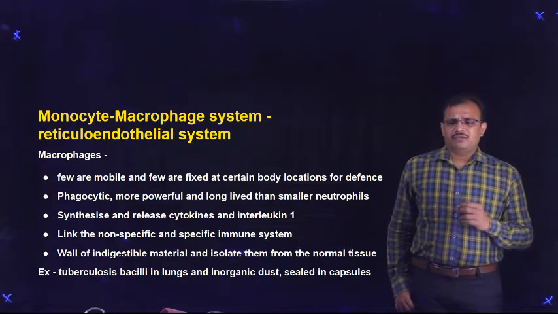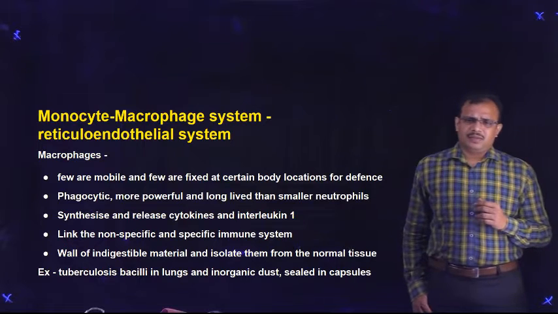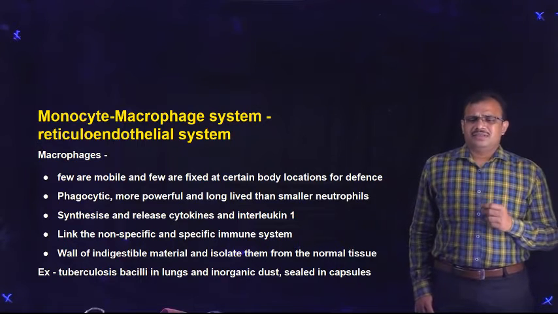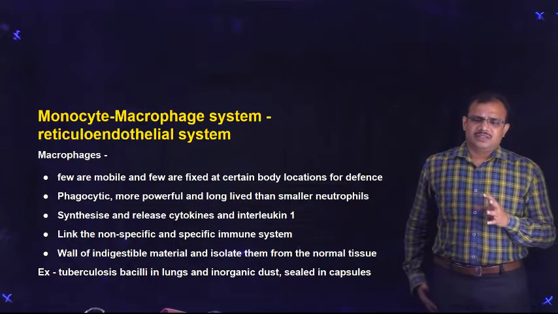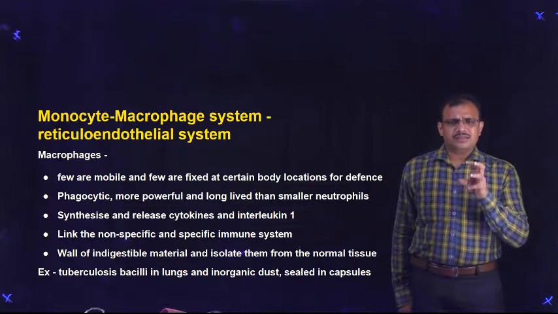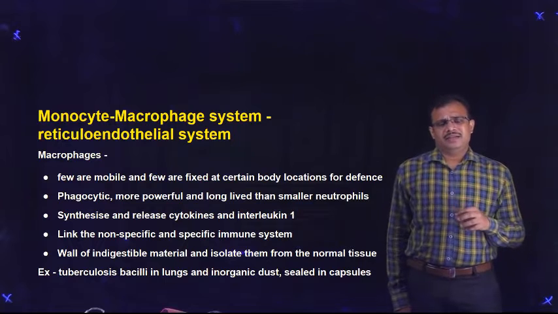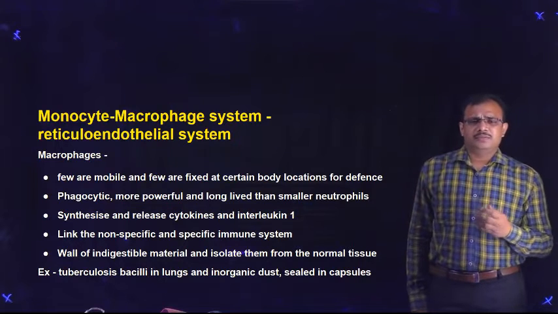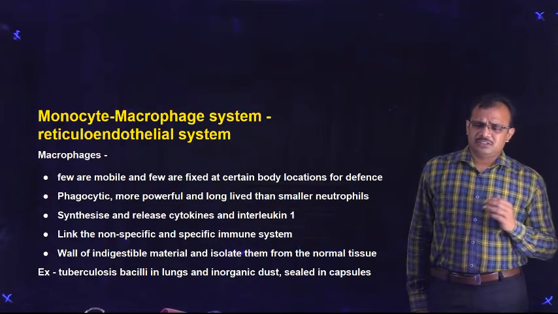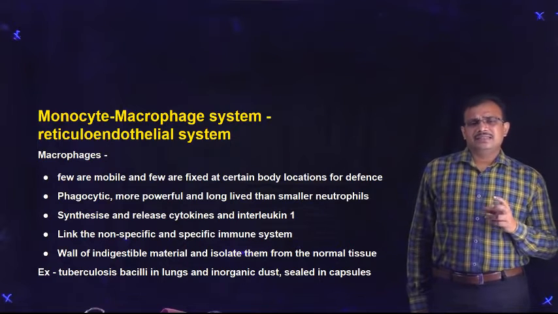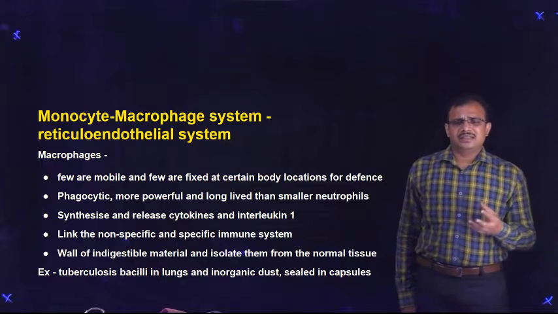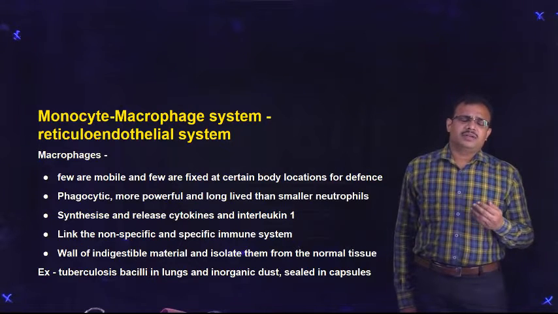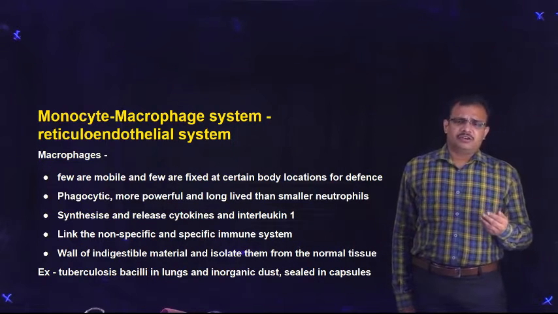Generally, the macrophages are few in number and slightly mobile, whereas a few are fixed to the tissues where they are present, and they serve the purpose of the body's defense mechanisms. Macrophages are large cell eaters, and they are more powerful and longer lived than neutrophils.